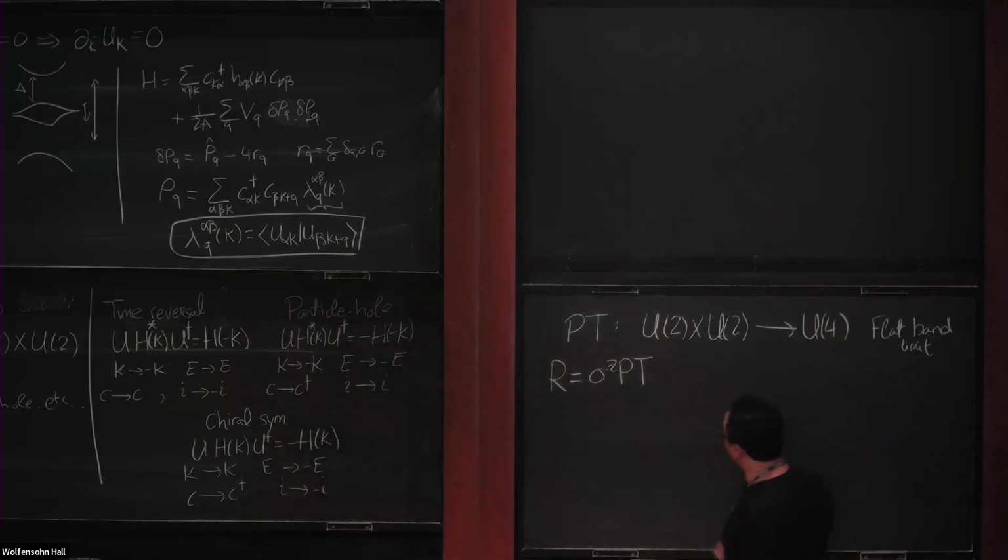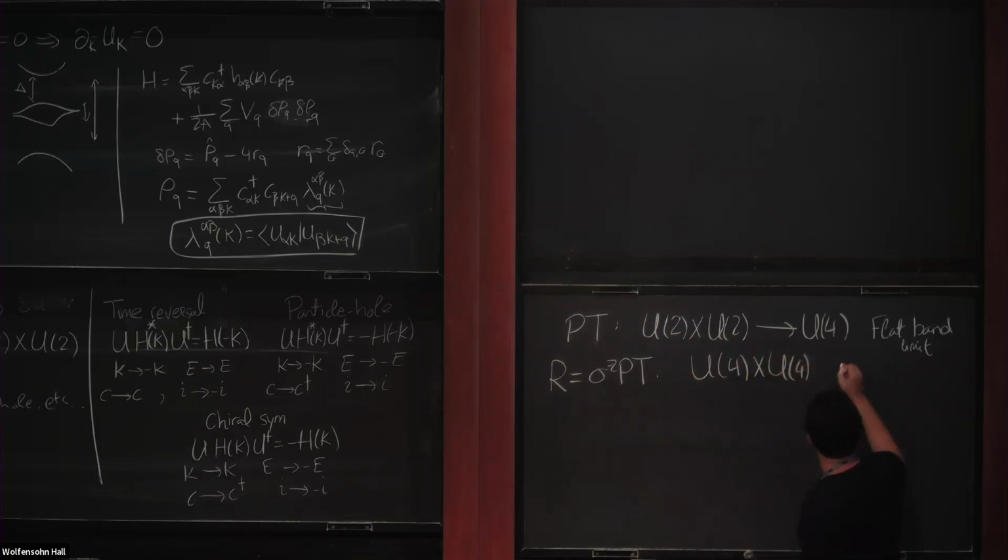So actually, if I have both PT and this chiral symmetry, I would promote this symmetry group to an even larger symmetry group, which is U4 times U4. So this is if I have a flat band and chiral limit.